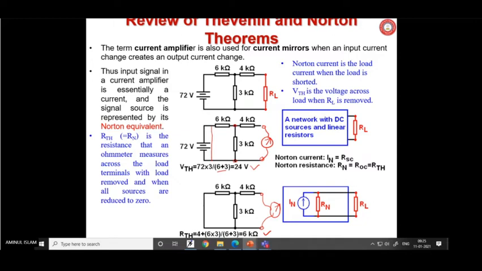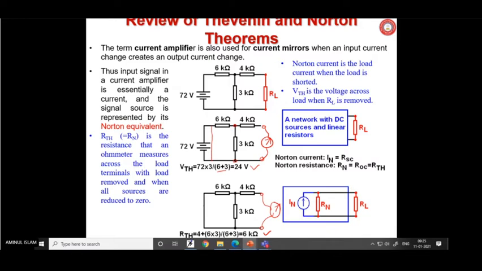Is it understood? Yes, sir. Why is it called common base? I hope it is understood. Another configuration is common emitter, which is mostly used. We'll study why it is used and what its characteristics are in future. But in this configuration, as you see, the emitter is common to the input side.